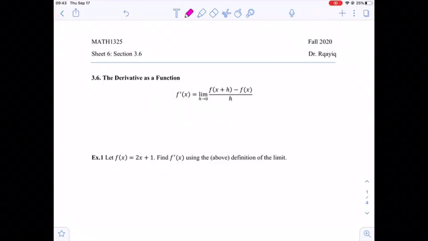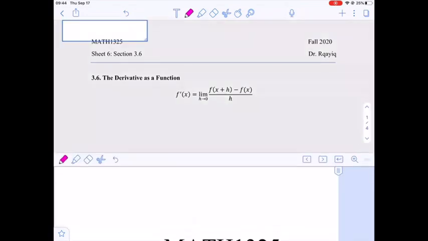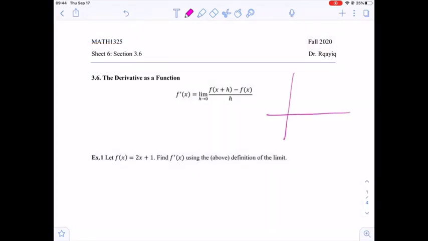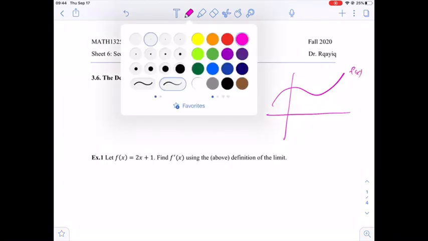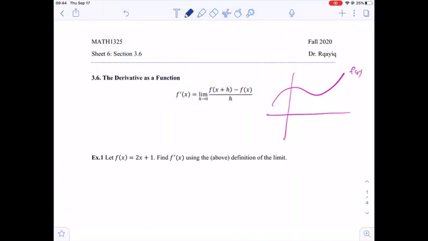In this video, we express the derivative as a function, and let me remind you of the concept of instantaneous rate of change from last time. For example, if we want to find the slope of the tangent line of the curve of the function f of x at a specific point, let's call this point x.